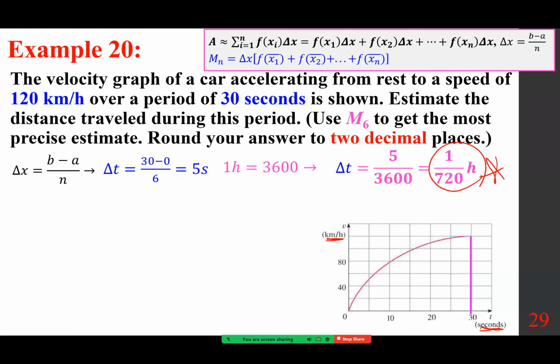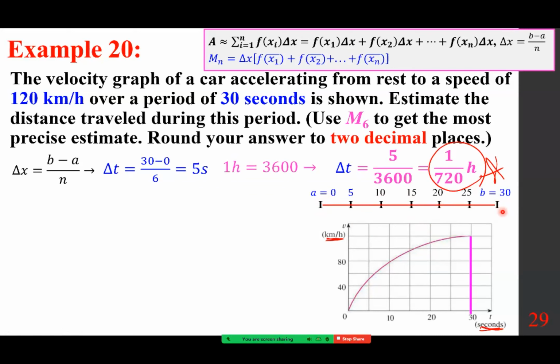So let's locate those midpoints. And the way we locate them, again, one easy way is just a line segment going from 0 to 30 and cut it into pieces: 5, 10, 15, 20, 25, and so forth. So I want the midpoints here and here and here and here and here.